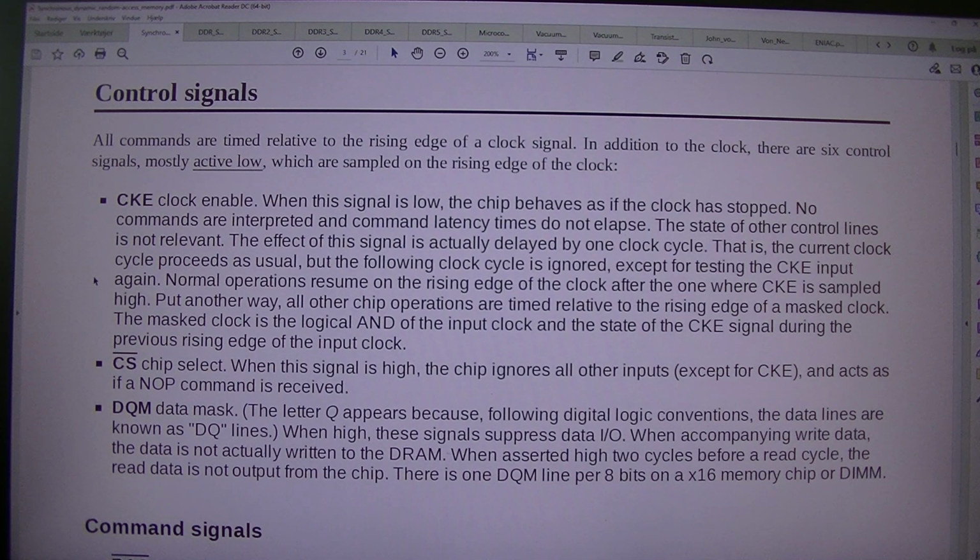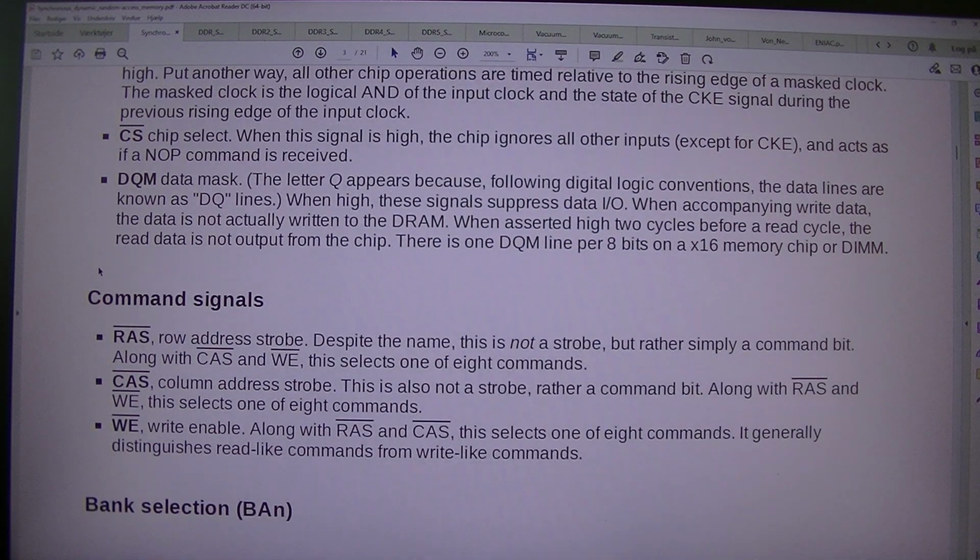CS, chip select. When this signal is high, the chip ignores all other inputs, except for CKE, and acts as if a NOP command is received. DQM, data mask. The letter Q appears because, following digital logic conventions, the data lines are known as DQ lines.